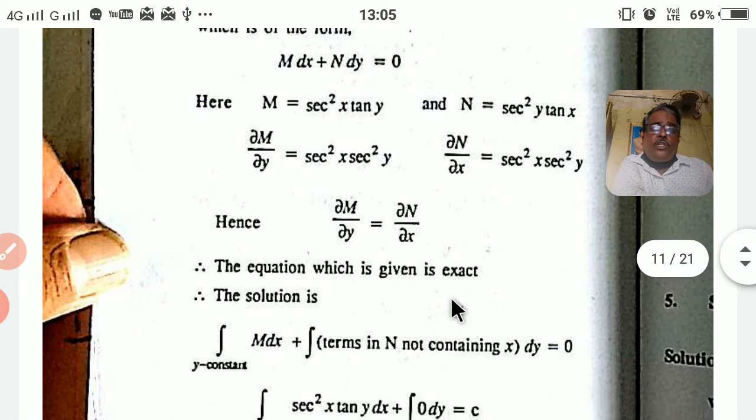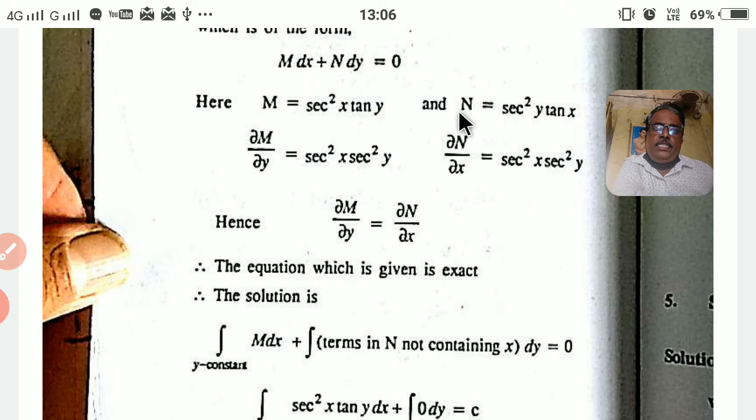To solve that equation, the solution is given by integration of M dx, keeping the y term constant, plus the integration of the terms of N not containing x.